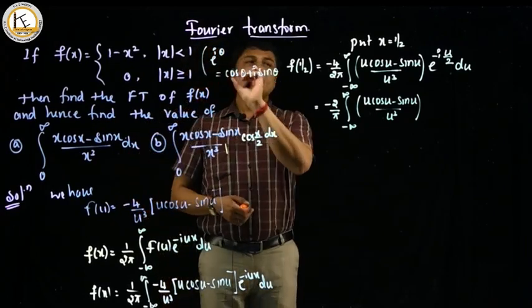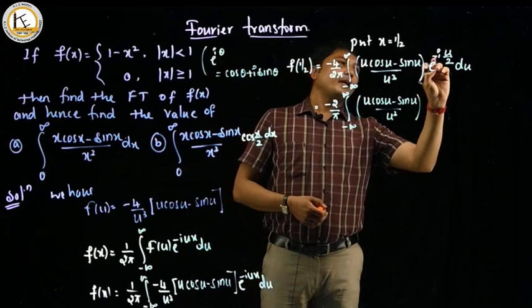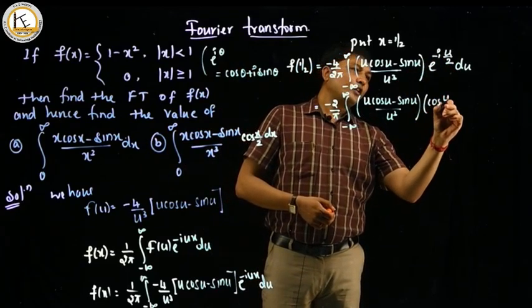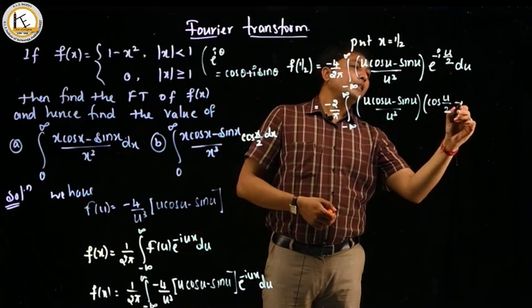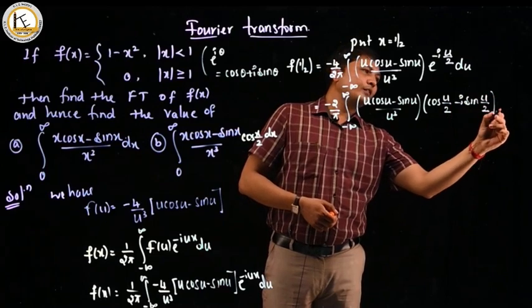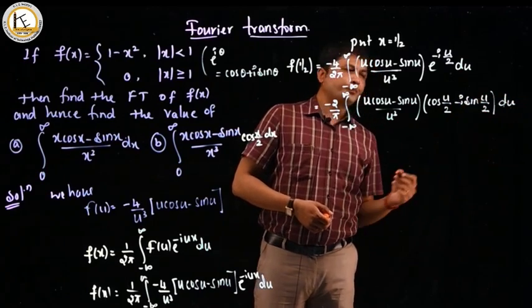Therefore, by using this formula, e raised to minus i u by 2 can be written as cos of u by 2 minus i sine of u by 2 with respect to u.